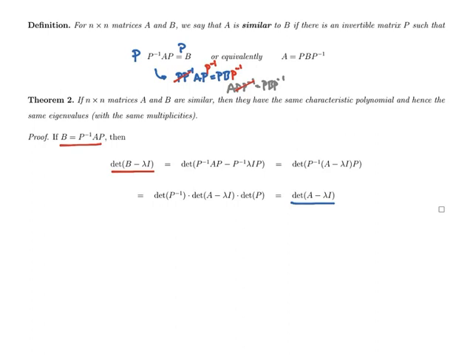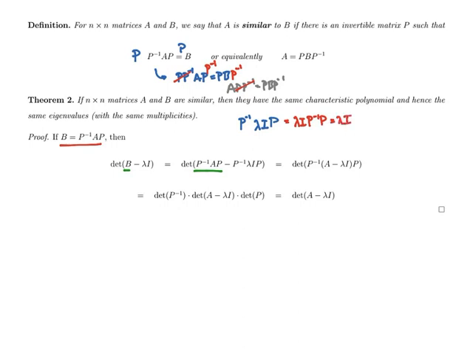So the algebra I'm going to do here is I'm going to rewrite B as P inverse AP, and I'm going to rewrite lambda I as lambda I times P inverse P. Why can I do that? Because lambda I times P inverse P is just lambda I.